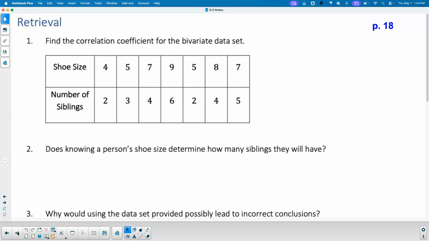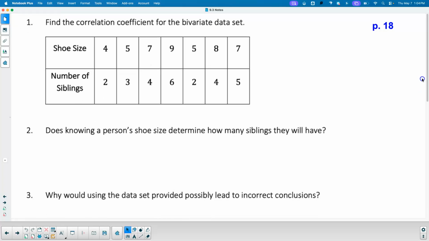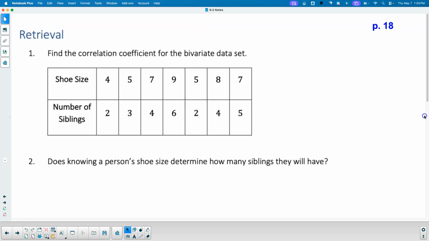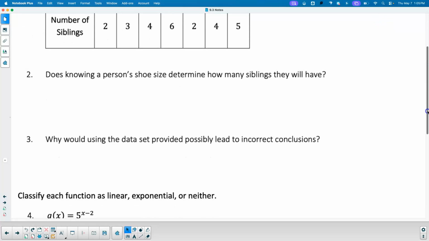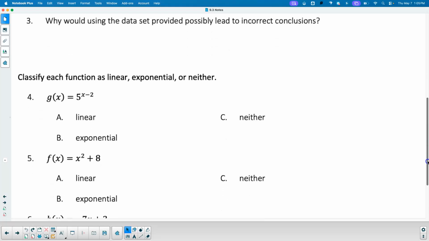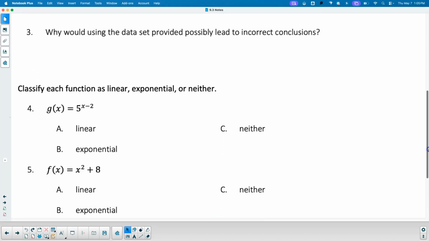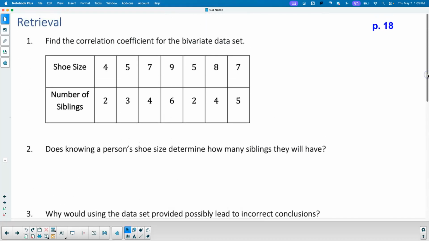So, does knowing a person's shoe size... there's the data set. We got to do some correlation and then some classifying.